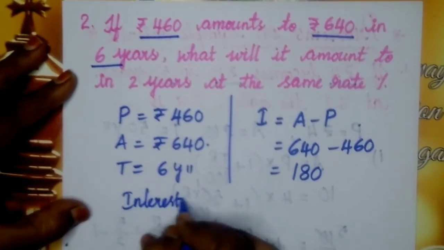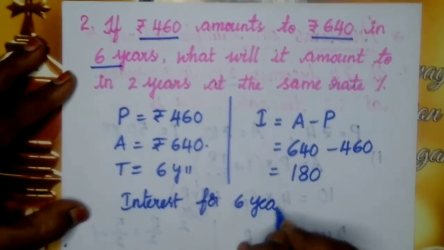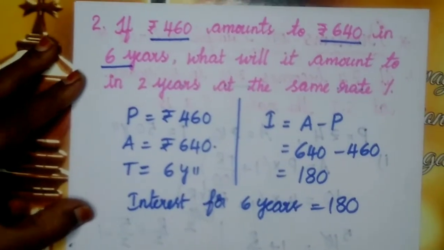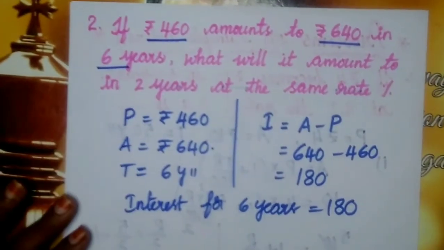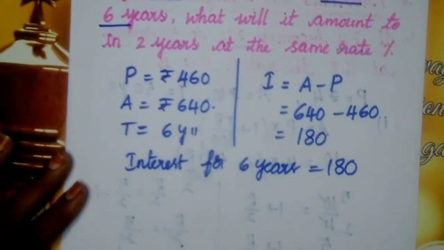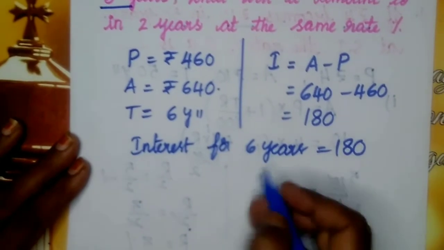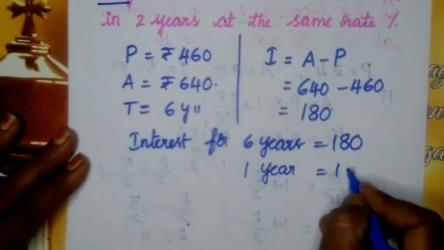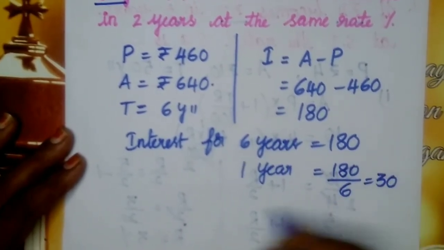So interest for 6 years is 180 rupees. Now we have to calculate what it will amount to in 2 years. That means we need the amount after 2 years. So interest for 6 years is 180. We are going to calculate for 1 year now. For 1 year interest is 180 by 6, which is 30 rupees.